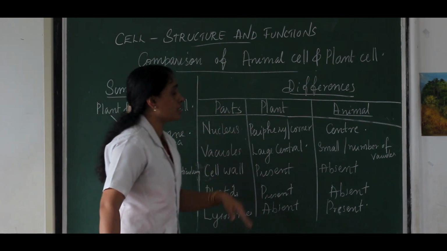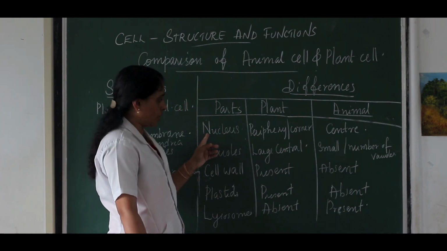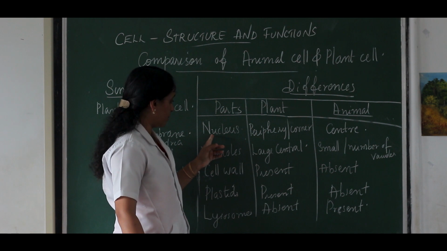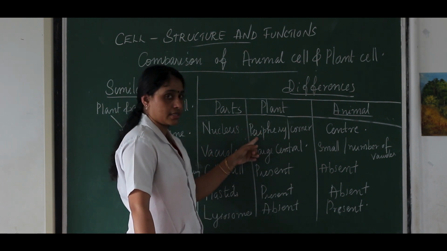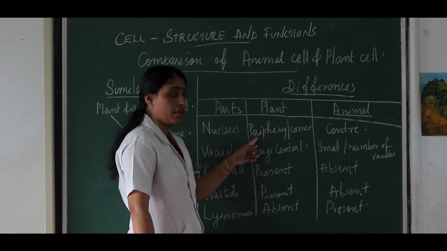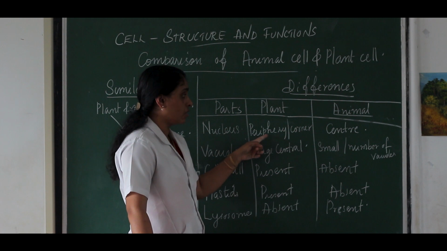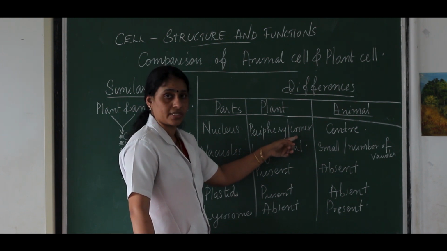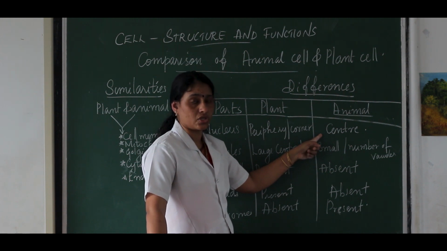Coming to the differences, in the case of the nucleus, as we already discussed, in the plant cell the nucleus is situated near the periphery of the cell, or can be seen at the corner of the cell, while in the animal cell it can be seen at the center.